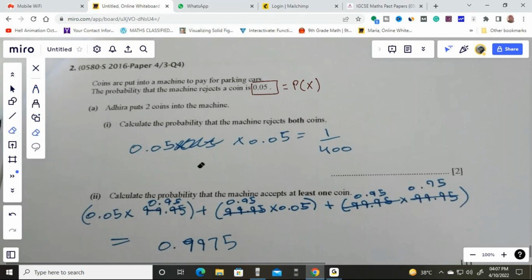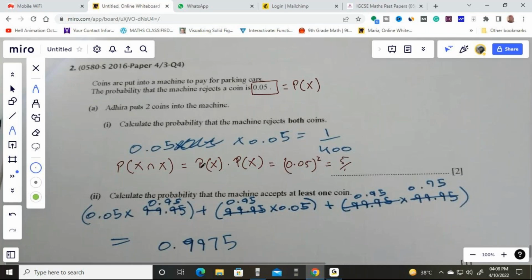You just write that x intersection x is Px multiplied by Px. So it is 0.05 whole square. So it is 5/100 whole square. It is 1 by 20 whole square, which is 1 upon 400, and that's it.